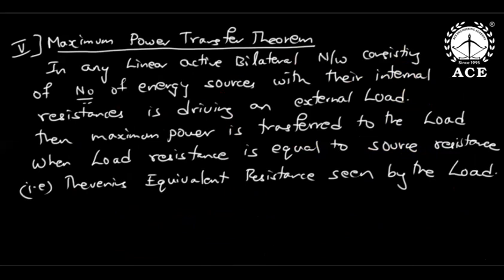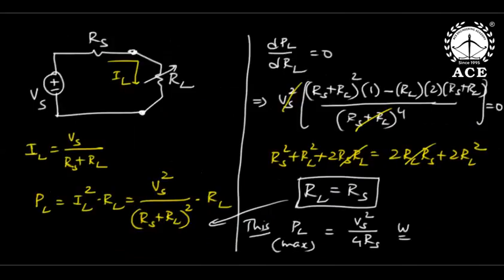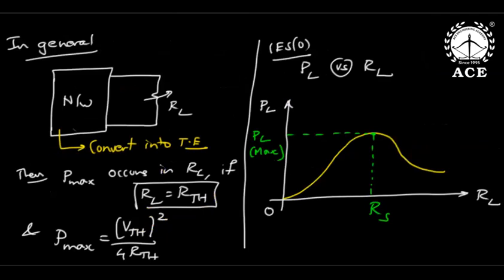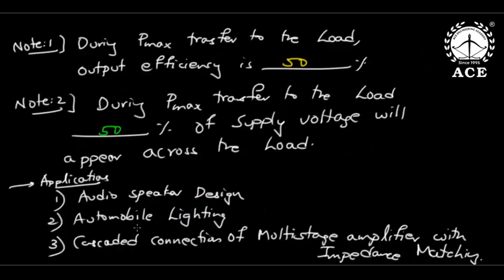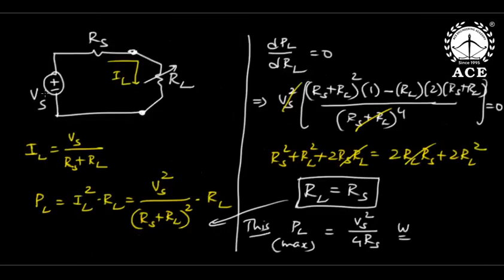Yes, we proved mathematically that maximum power is transferred to the load when load resistance equals source resistance. And during PMAX, one student asked this: during the PMAX transfer theorem, efficiency is 50%. See, I gave this simple explanation. Suppose the source is delivering 100 watts.